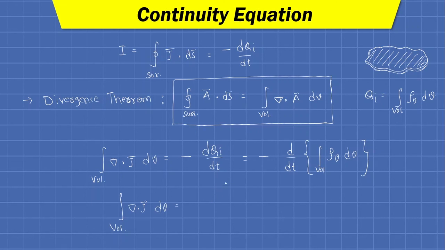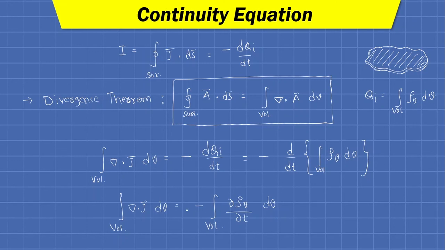In the right hand side we can write minus volume integration of, now we have taken this integration operation outside the bracket and this differentiation inside the bracket. So differentiation going inside will become the partial derivative, del rho v by del t into dV.